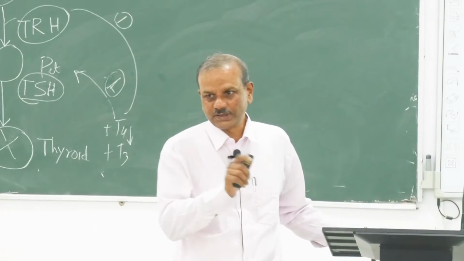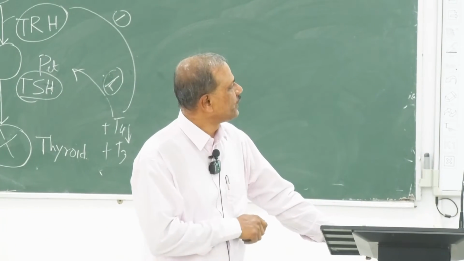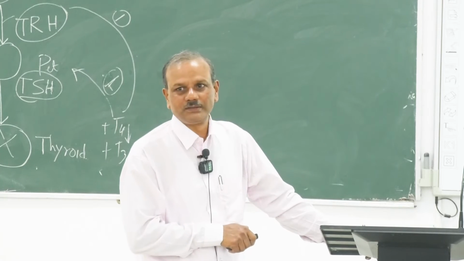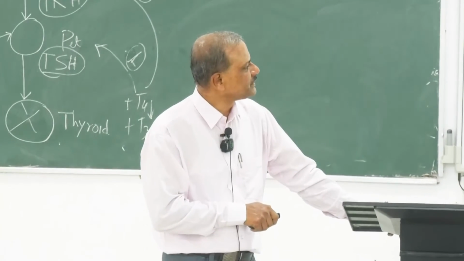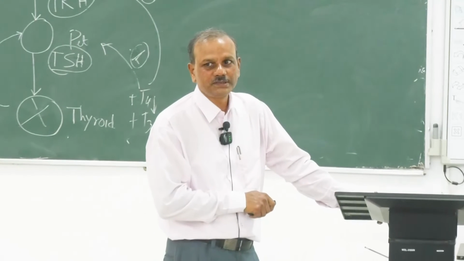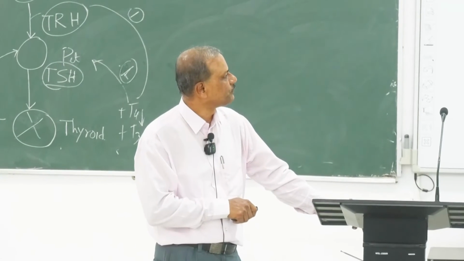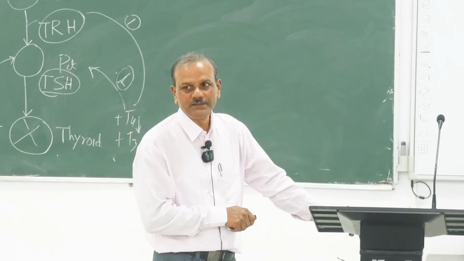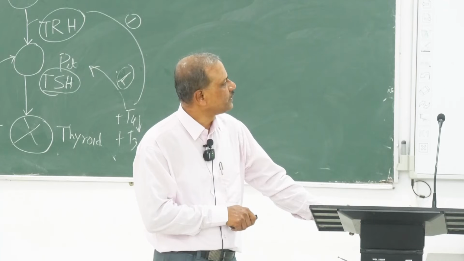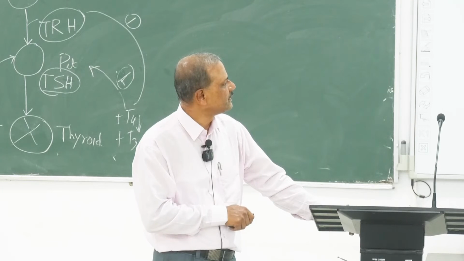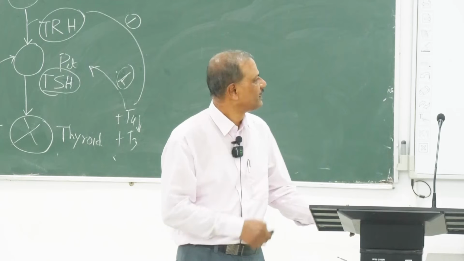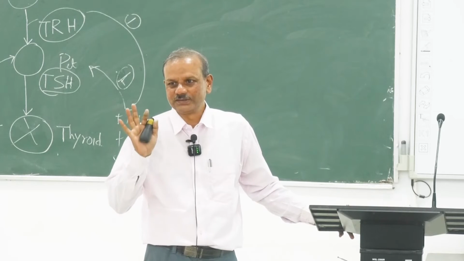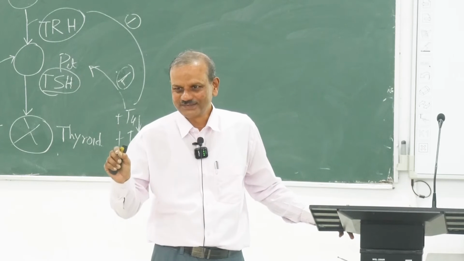So look at this question, the catch point here. A 21-year-old lady presented with goiter, means thyroid abnormality. After investigation, the following were found: serum T3 0.9, I have delivered it in normal range, T4 is 1.8, TSH is 118, anti-TPO antibody is positive. What is your diagnosis? 2 marks.